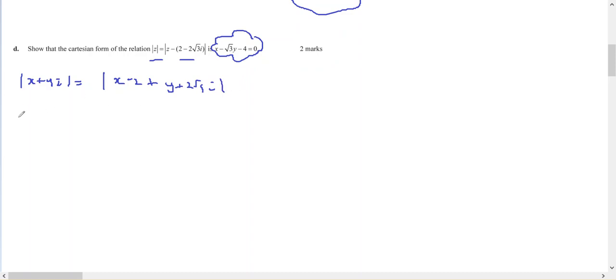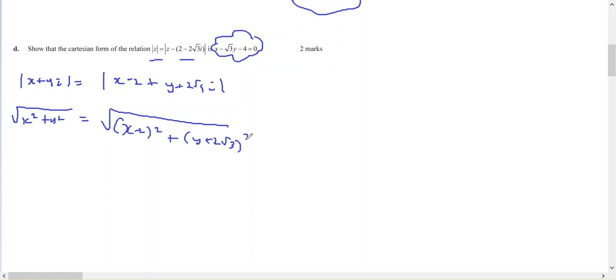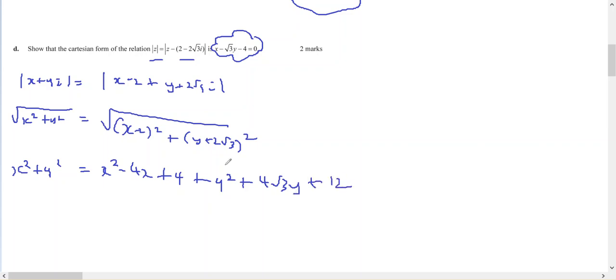So I've got the square root of x squared plus y squared equals the square root of x minus 2 squared plus y plus 2 root 3 squared. So x squared plus y squared equals expansion of this, x squared minus 4x plus 4 plus y squared plus 4 root 3y plus 12.